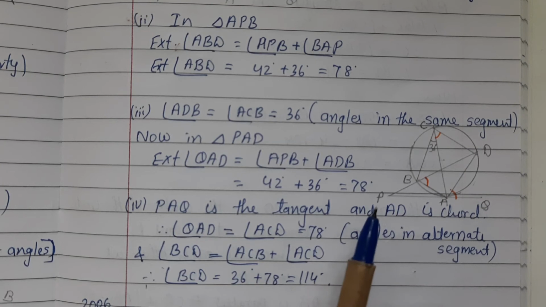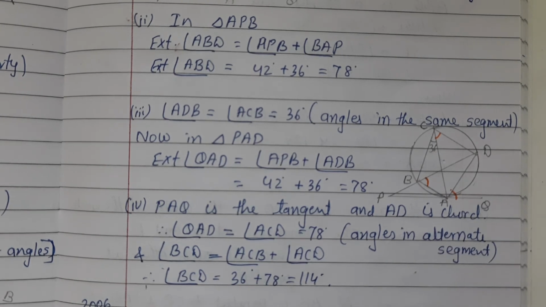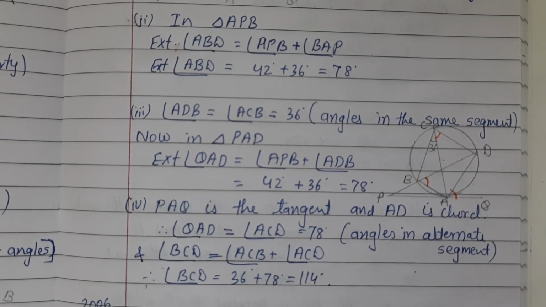Now in triangle BAD, exterior angle QAD is equal to angle APB plus angle ADB, which is equal to 42 plus 36 equal to 78 degree.